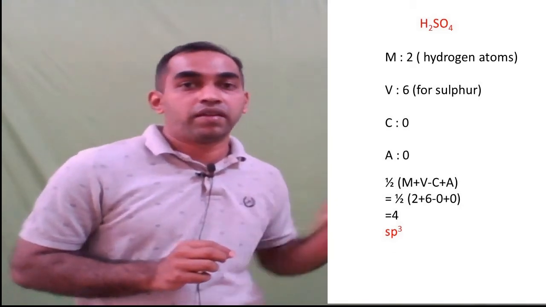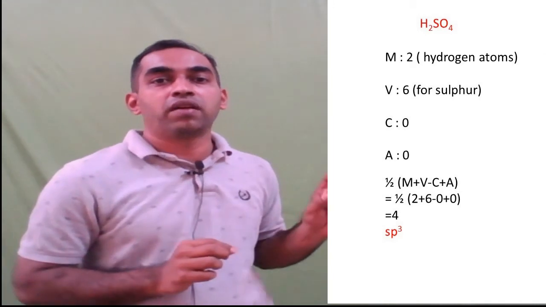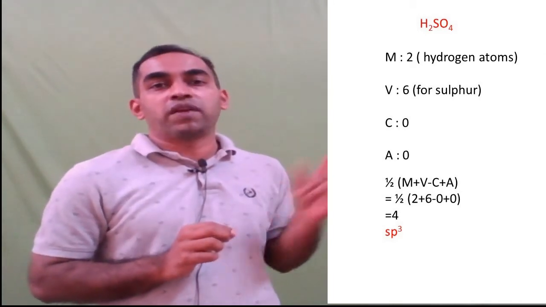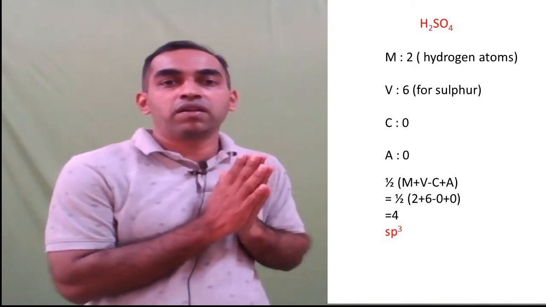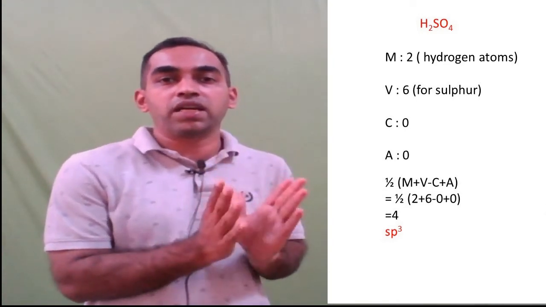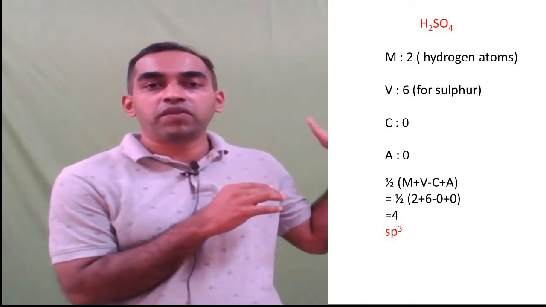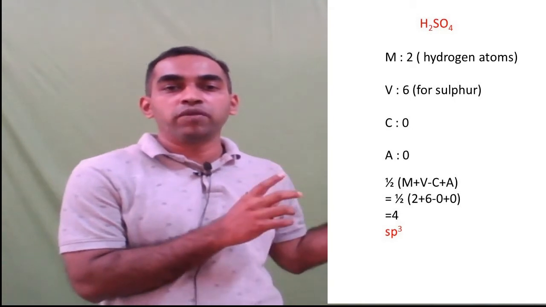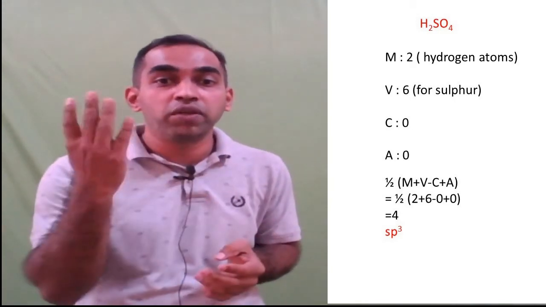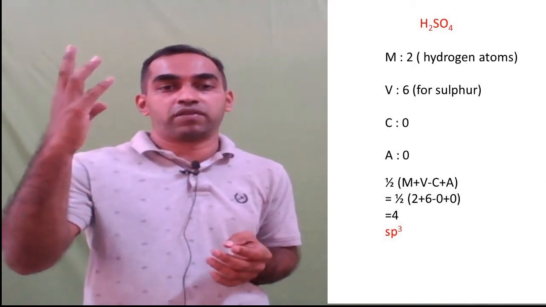monovalent atoms, that is 2. So m is 2 plus the valency of sulfur, that is 6, minus c plus a. c is 0, there is no anionic charge, no cationic charge. So it will become half into m plus v, that is 2 plus 6, 8, divided by 2, so this will become 4. 4 means what? 4 indicates the total number of orbitals.